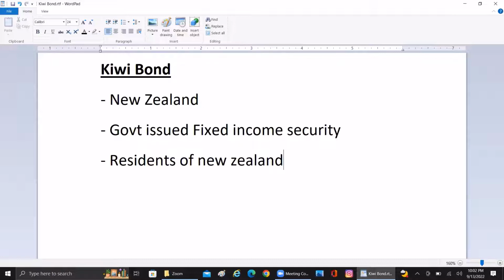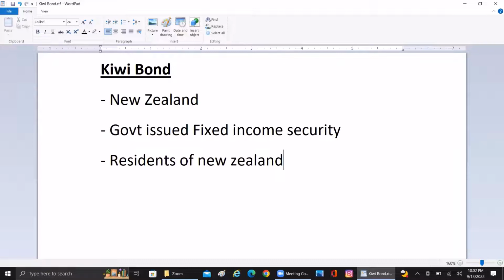It is only available for residents actually residing within New Zealand. Even if the citizenship is New Zealand, since they don't live there, they cannot invest in these Kiwi bonds.